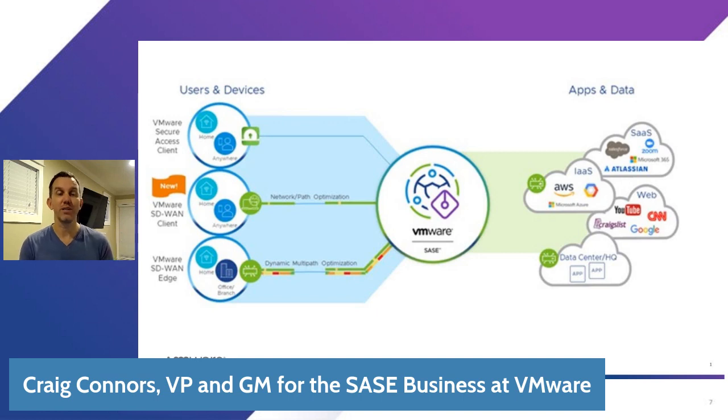How do I make sure that I'm applying a consistent security policy regardless of whether the user is in one location or another? How do I get visibility into what the user is doing so that I know when something's going wrong, and what the reason is? And how do I push policy changes at scale to all of those users?